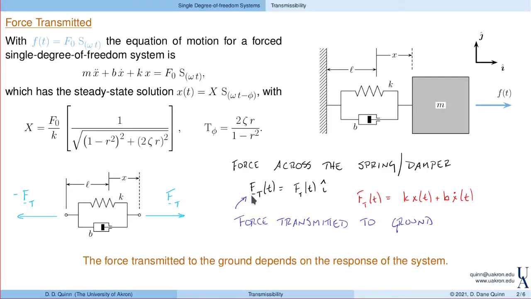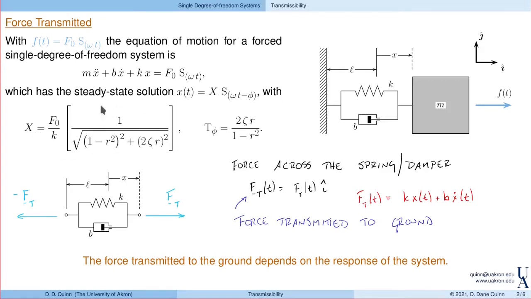Again, for this system, this F of t, this transmitted force, is not necessarily the same as F of t, the applied force, because really the force transmitted to the ground depends on the response of the system. Fortunately, I've already solved for the response, so I can use that information.